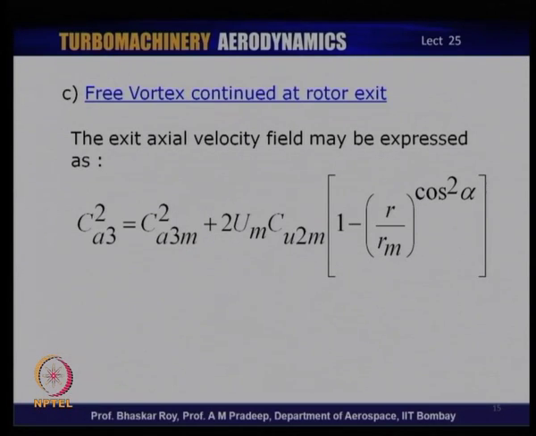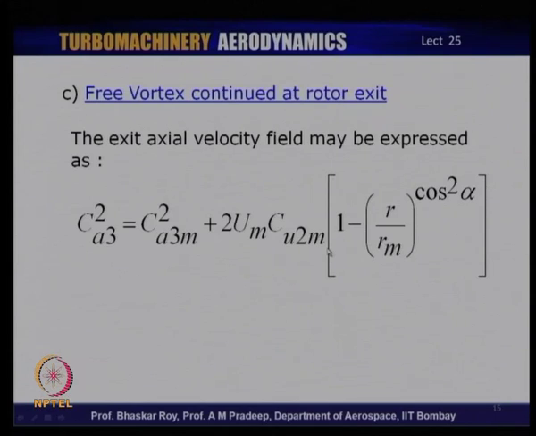Now, free vortex law is somewhat we are familiar with, and if you do that, invoking the free vortex laws that we have done in the earlier slides, if you bring them over here and simply apply them at the rotor exit, you would get a C A variation, which can be expressed in terms of C A 3 square equal to C A 3 m square plus twice u m into C W 2 m into 1 plus r by r m to the power cos square alpha 2.